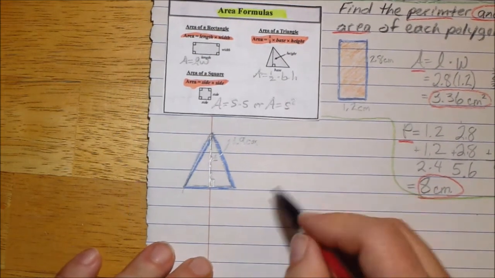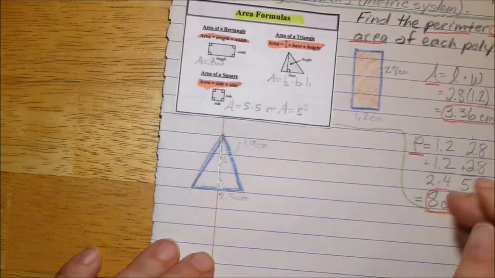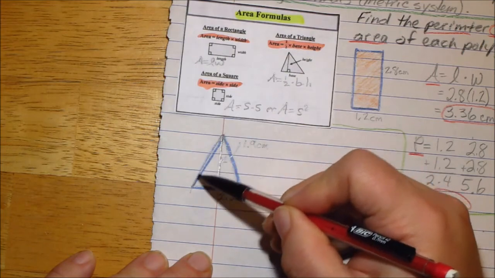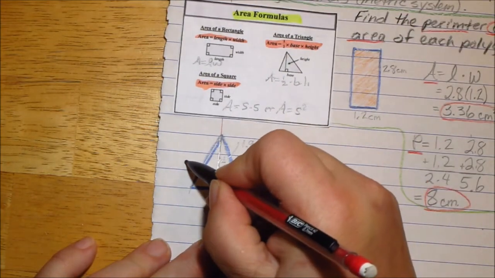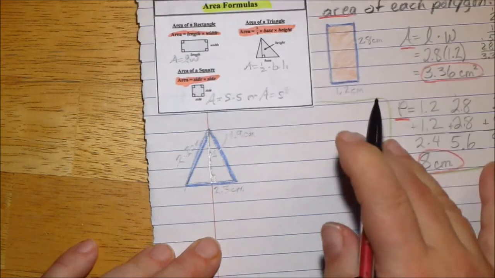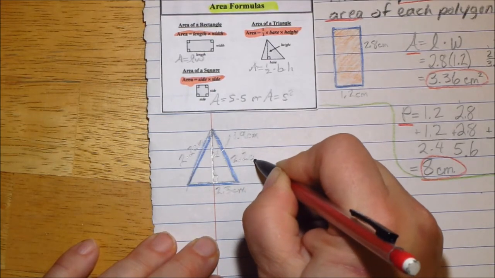Okay, my base is 2 3/10 of a centimeter, and this line on my triangle is 2 2/10 of a centimeter, and so it is here as well, 2 2/10 of a centimeter.